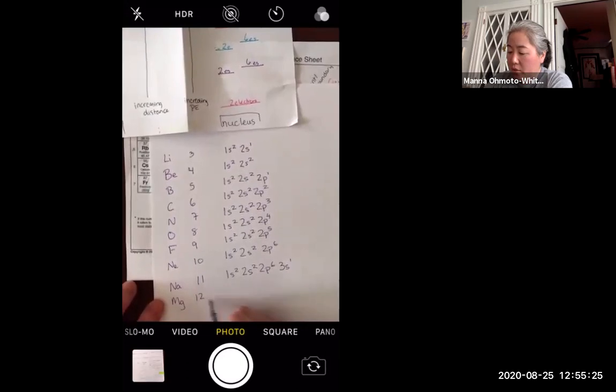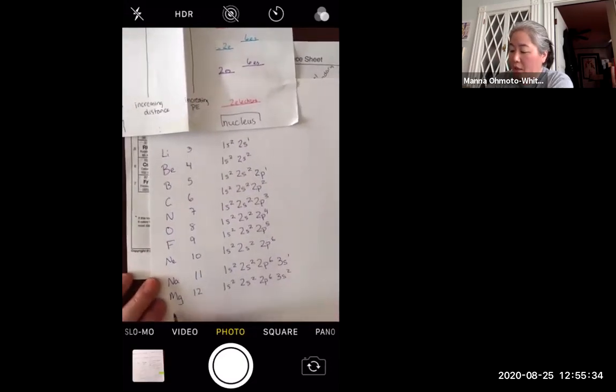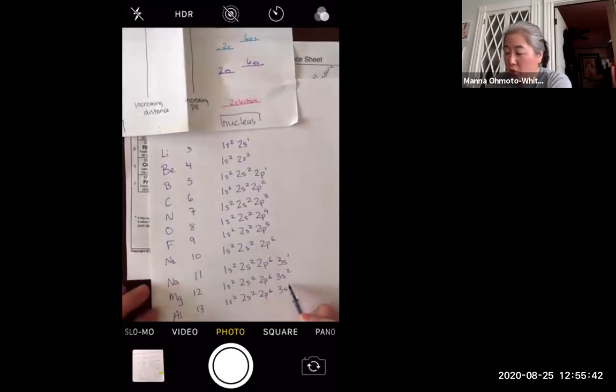Magnesium is 12, 1s2, 2s2, 2p6, 3s2. Aluminum, 13, 1s2, 2s2, 2p6, 3s2. We can't have more than 2, so now I have to go to 3p1.